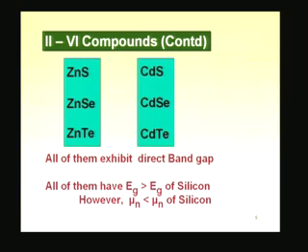I have just put the summary here. The band gap is higher than that of silicon for all these materials. In fact, when you form compounds with higher elements, the atomic number is higher, and it also turns out to have a higher band gap. It so turns out. Let us not get into the physics of that. So, mobility is smaller.